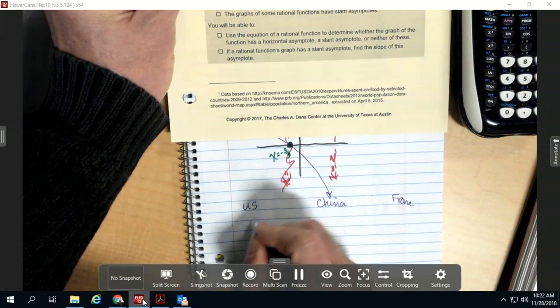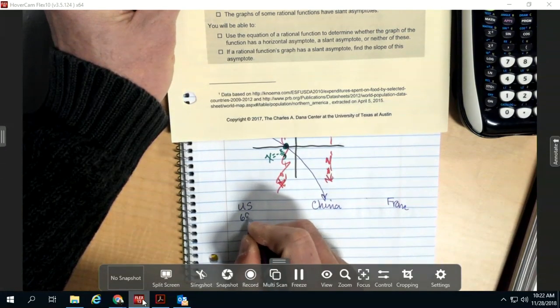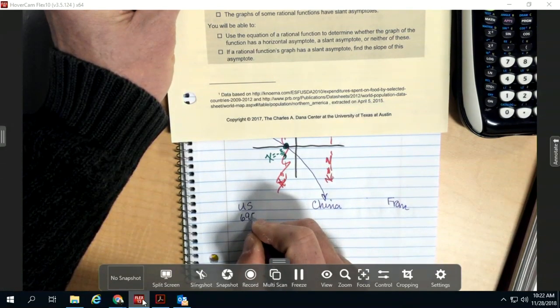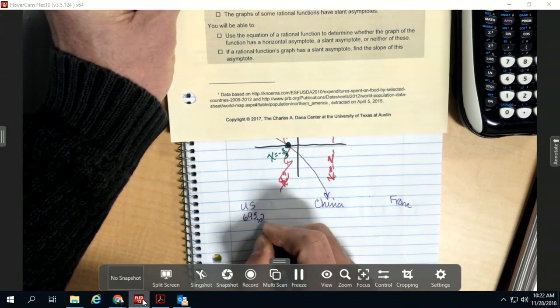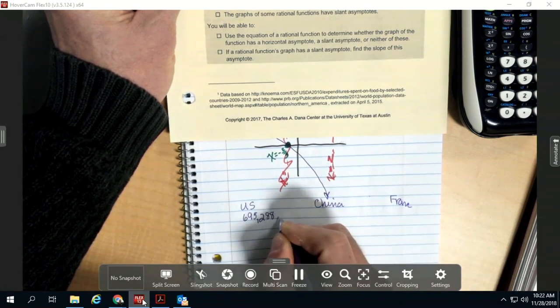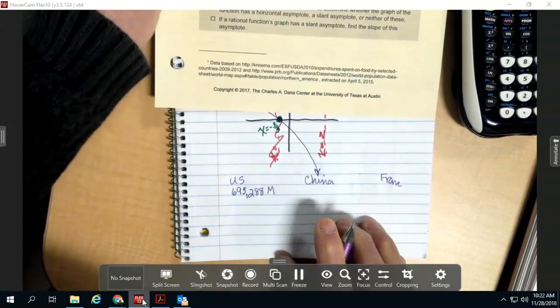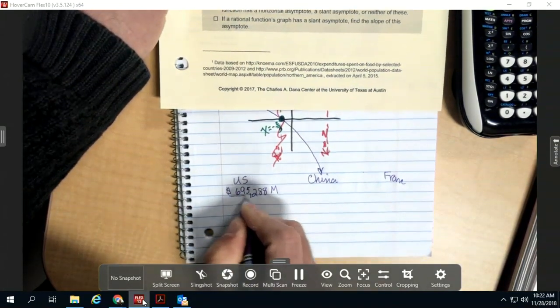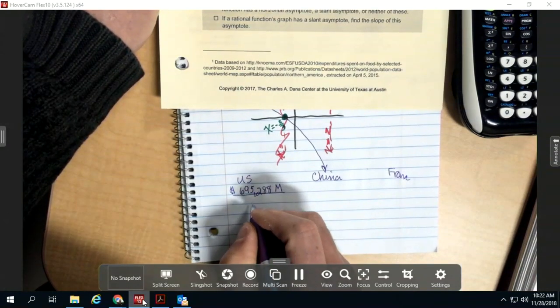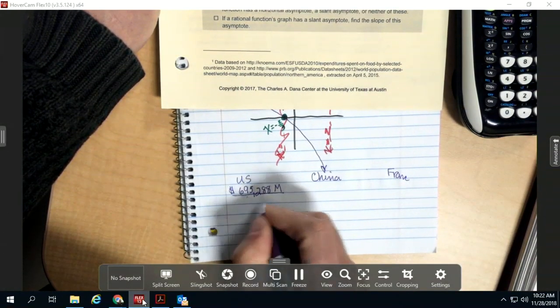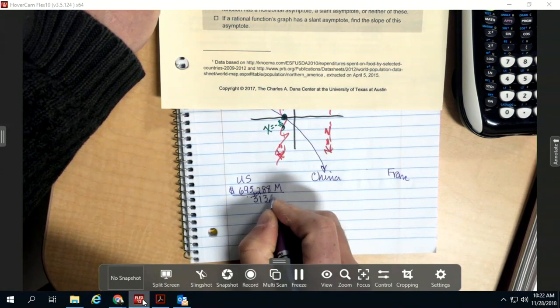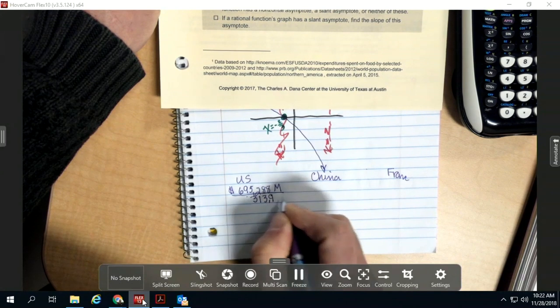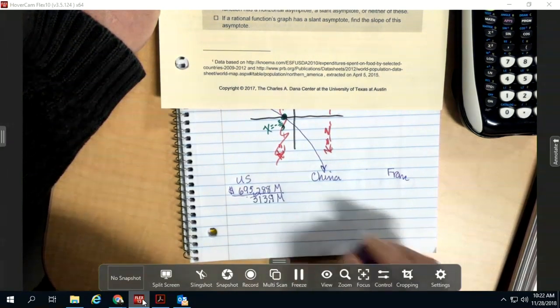US was 695,288, and then I'm going to just use the letter M for million. Dollars divided by 313.9 million.